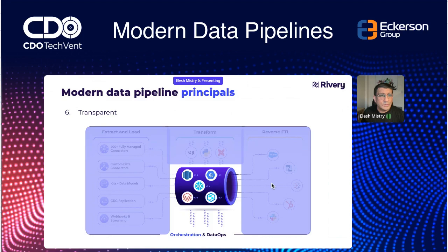So let's go to the next one. The final one is all about managing via data ops as well. So increasingly, what we're finding is that customers want a tool that's going to deliver their data, but they also want a tool that's going to integrate with their software development lifecycle. And that's an important part of it.